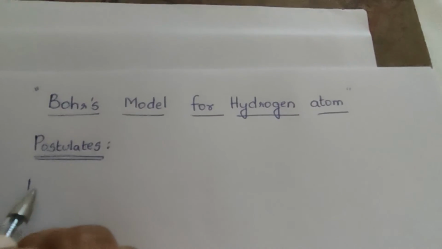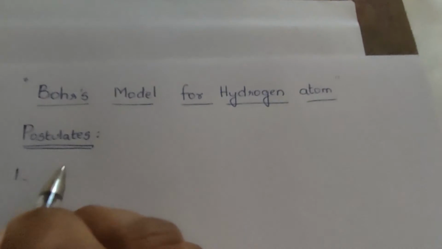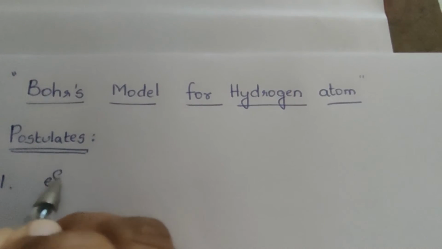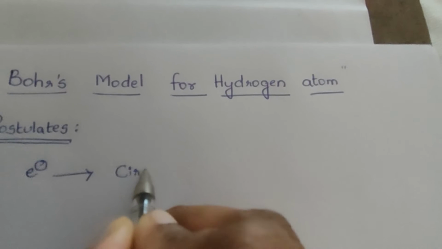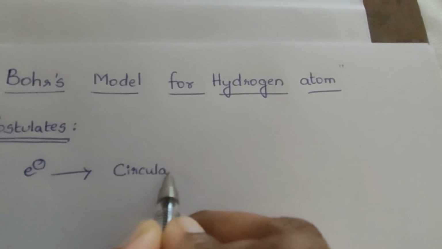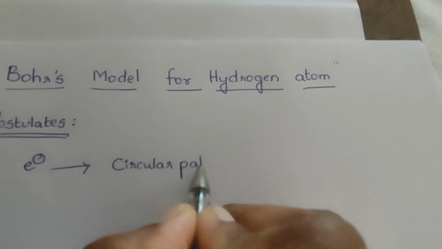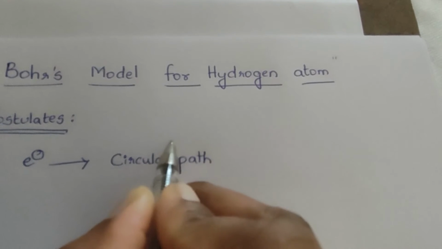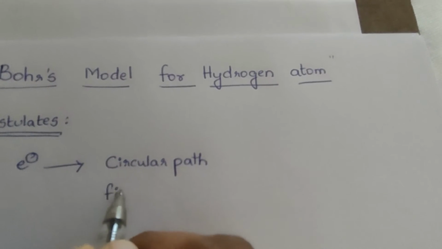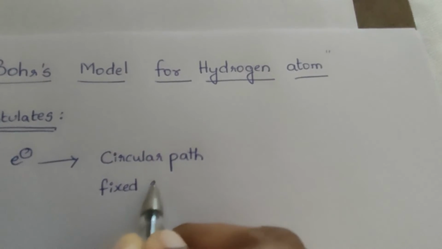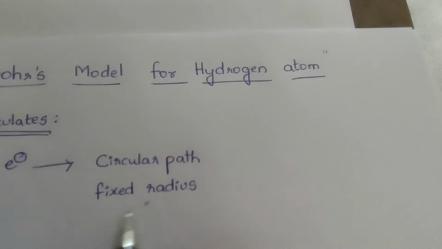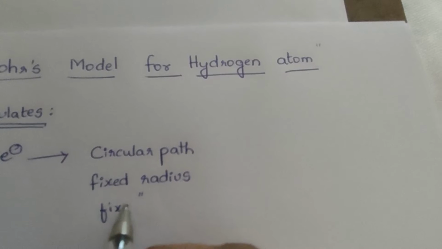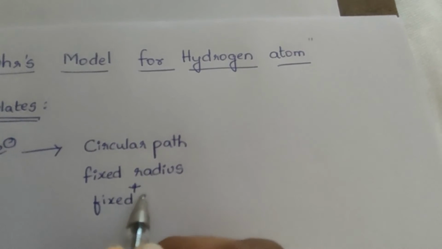So the first one is that according to Bohr, the electron in the hydrogen atom moves in a circular path around the nucleus. These circular paths have a fixed radius and also a fixed energy.